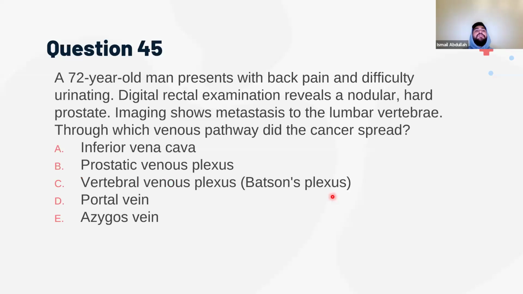All right. A 72-year-old man presents with back pain and difficulty urinating. DRE reveals a nodular hard prostate. Imaging shows metastasis to the lumbar vertebrae. Through which venous pathway did the cancer spread?